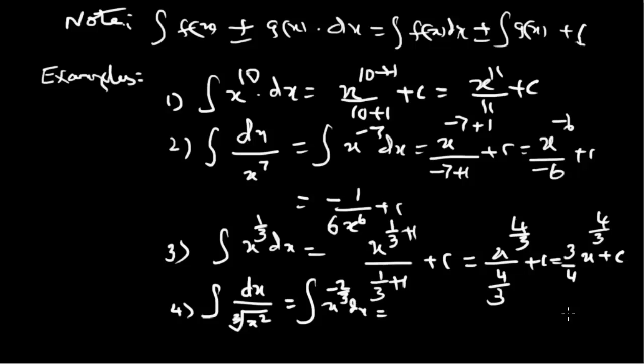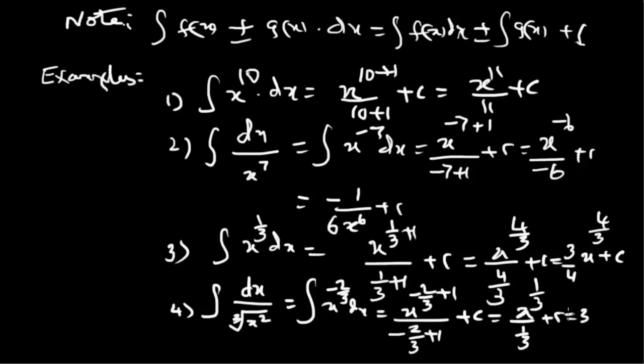Now n is what? Minus 2 by 3. So you can write x power minus 2 by 3 plus 1 by minus 2 by 3 plus 1 plus c. This can be written as x power 1 by 3 by 1 by 3 plus c, or 3 into x power 1 by 3 plus c should be written.